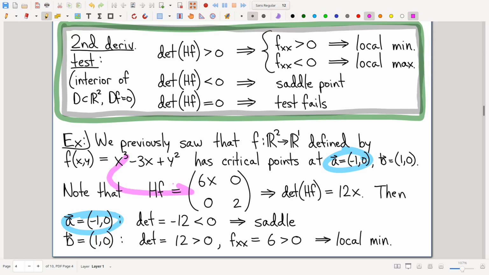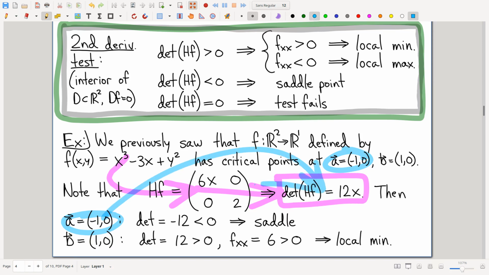For this function, you can compute the various second partials, compute the determinant. You get this. Plugging in this point gives us a negative Hessian determinant. Negative means saddle point, and we're done with that critical point. Very pluggy chuggy.